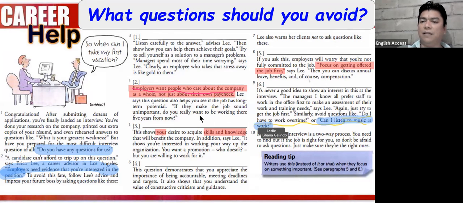There. The blue one is correct, but the blue one is missing something. And the yellow is covering more. Let me check who's yellow. Liliana, you have a bit better? Yes. Do I have to work overtime or can I listen to music and work? Those are the questions you should avoid at a job interview. Okay.